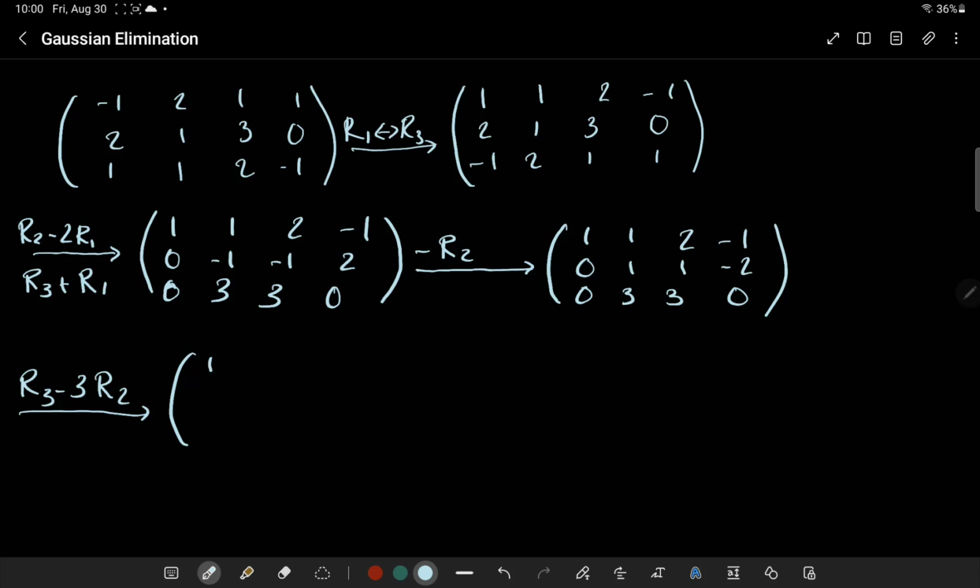So copy the first 2 rows. And then we're going to go ahead and 0 minus 0, 3 minus 3, 3 minus 3, and then 0 minus 3 times negative 2, so 0 minus negative 6, which is 0 plus 6.